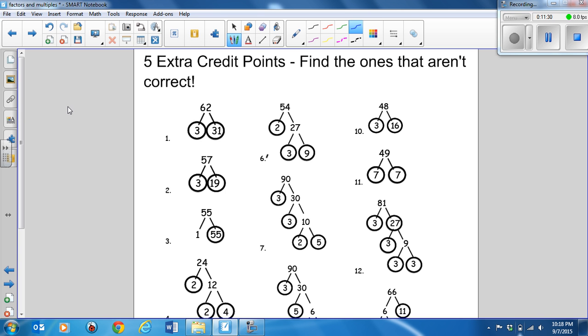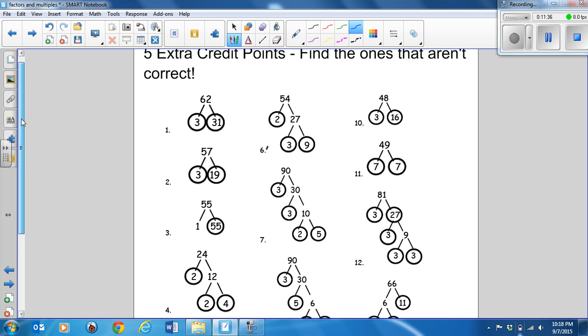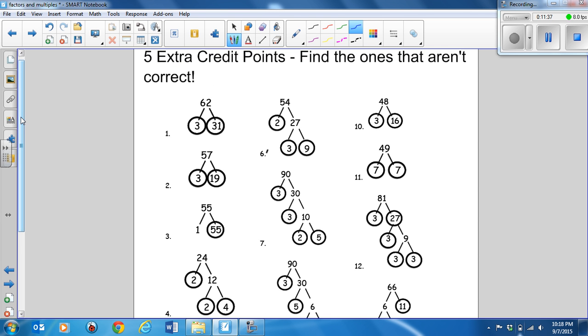Okay, now what I want you to do is pause the video here if you would like 5 extra credit points. And what you need to do in this sheet here is identify all the ones that are not broken down into prime factorization, or the ones that were not done correctly. So as an example, this one right here, number 6, this one is not correct because 9 can be factored down further.